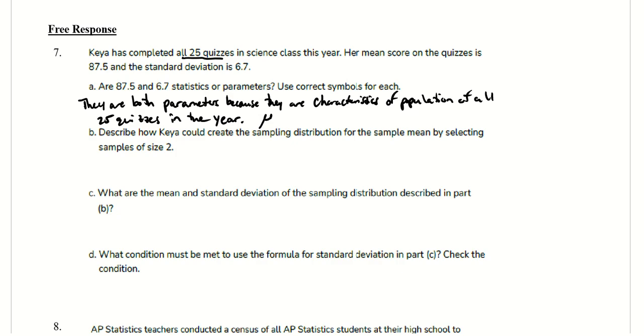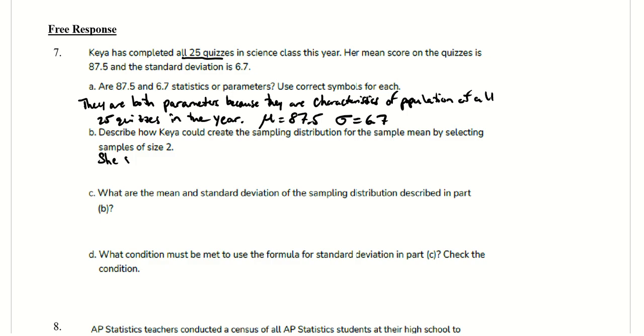And so the mean is 87.5. They want us to define with the symbols. The standard deviation is 6.7. Okay, so you want to use symbols for each. Describe how Kia could create the sampling distribution of the sample mean by selecting samples of size 2. Okay, so this is in words. How do we create the sampling distribution by using samples of size 2? So we would have to list out all the samples of size 2, right? All the possible samples.